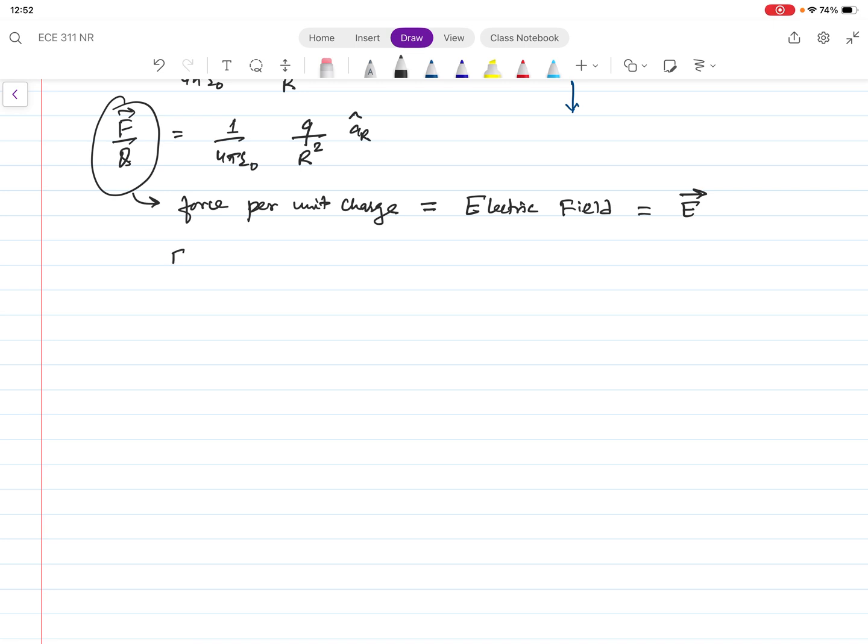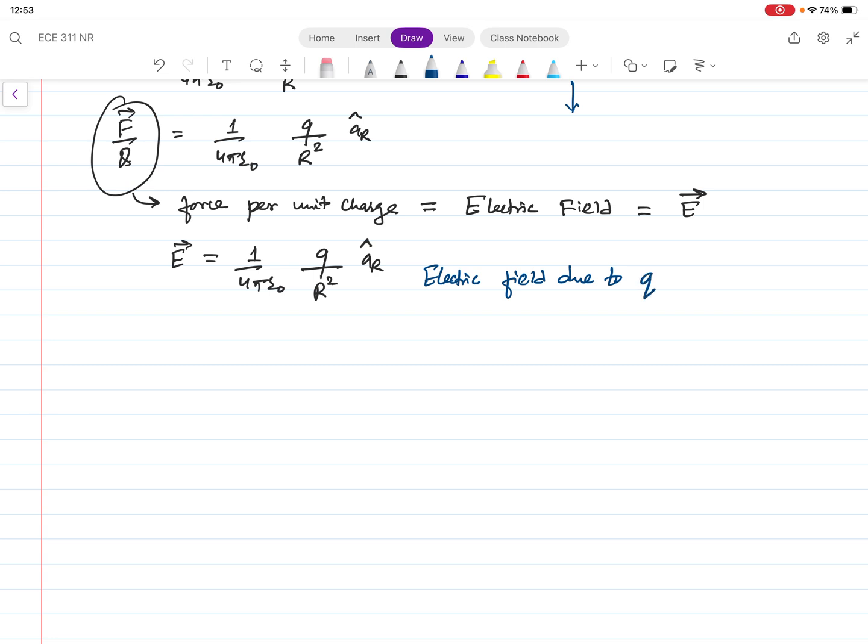So in other words, E is 1 divided by 4 pi epsilon 0 q divided by r square a r hat. So this is the electric field due to source charge small q.